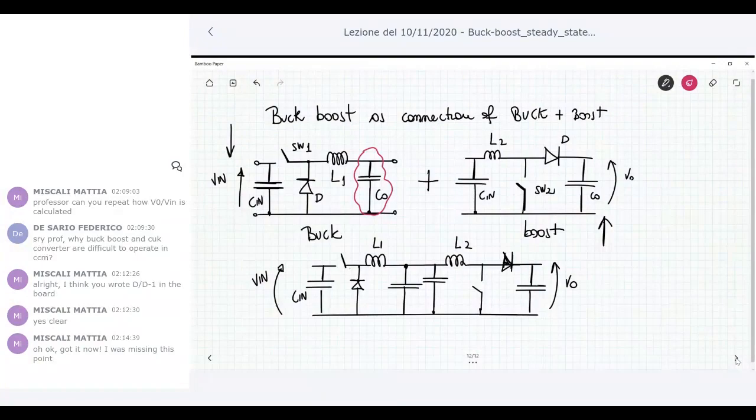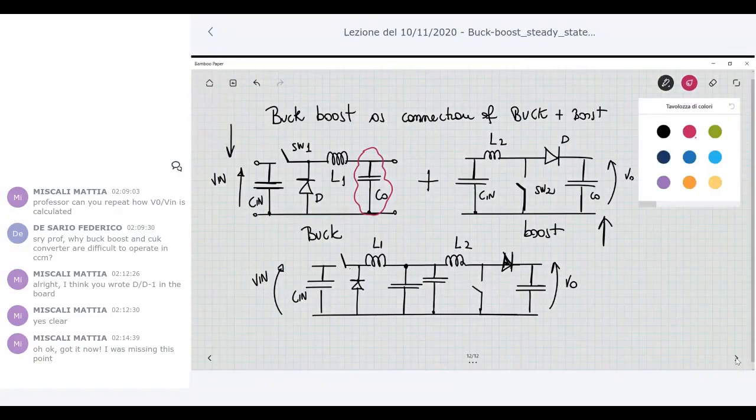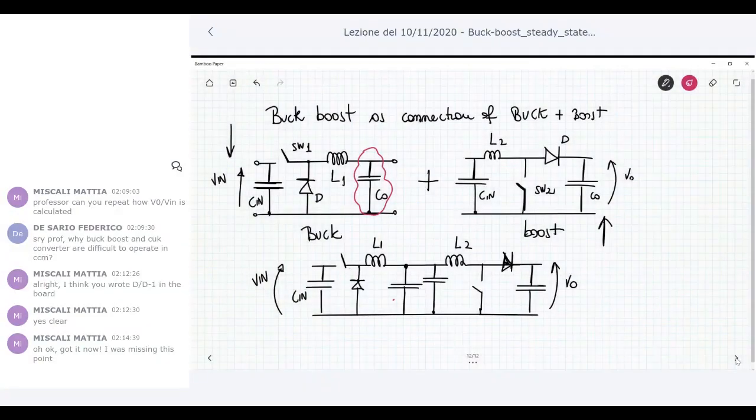So basically the buck can operate as intended, even without the C0 capacitance. Of course, I always insert the C0 capacitance in order to increase the filter order from first order to second order, so you have an LC low pass filter. So this is always done. But basically, the buck can operate without this capacitor. So if I remove these C0 capacitances, we have again the buck converter.